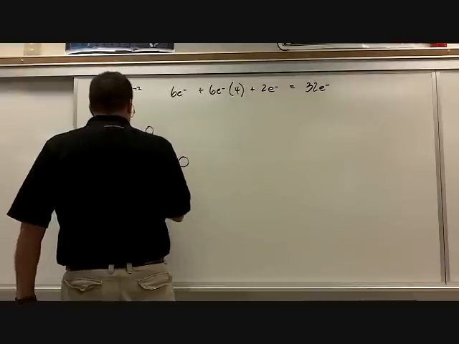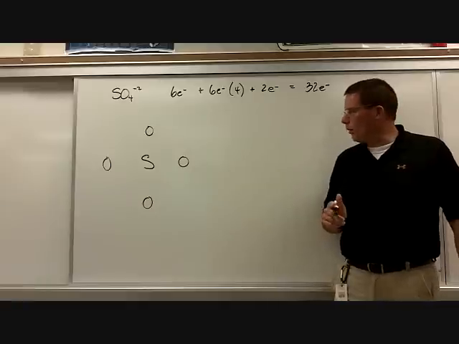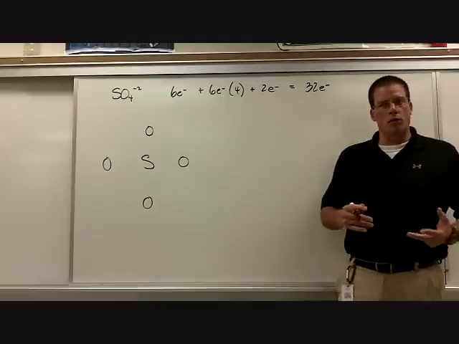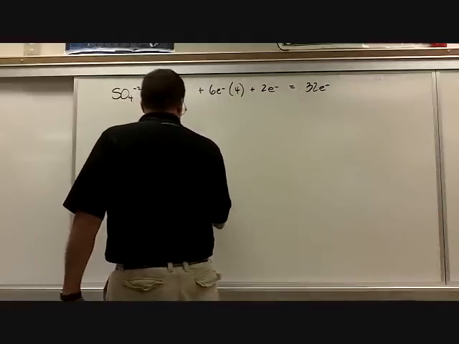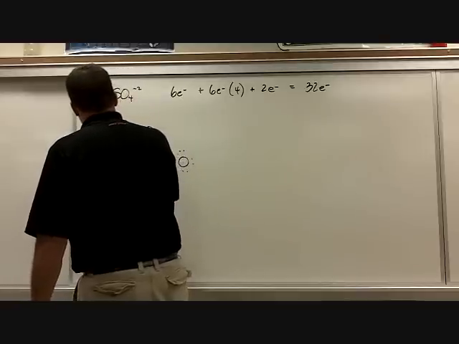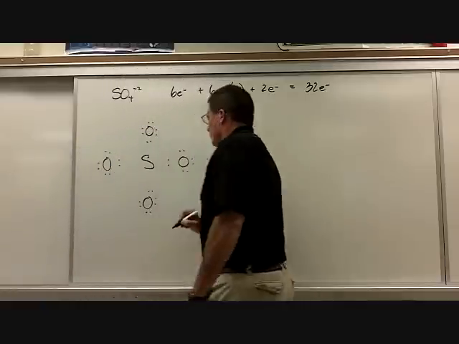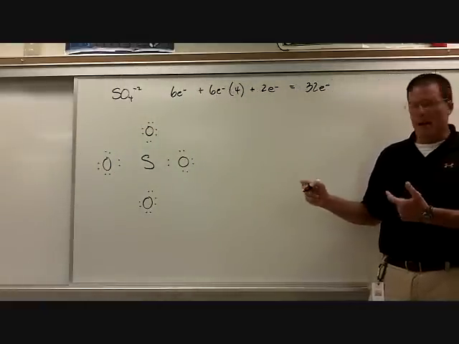Also, arranging our atoms, in other words, putting sulfur in the middle and the oxygens around. I told you all to make sure that you satisfy the external atoms with their 8. Still going to do that. So we make sure that everybody has 8 electrons, and they have that.